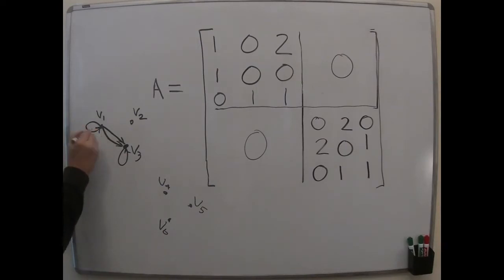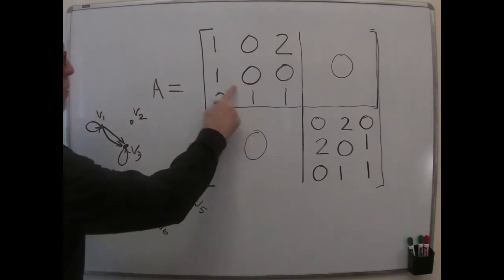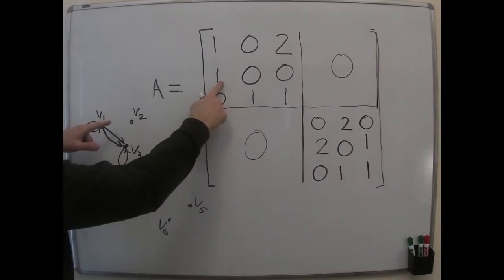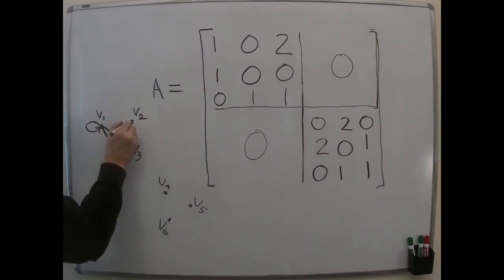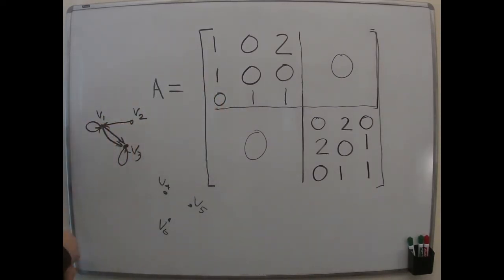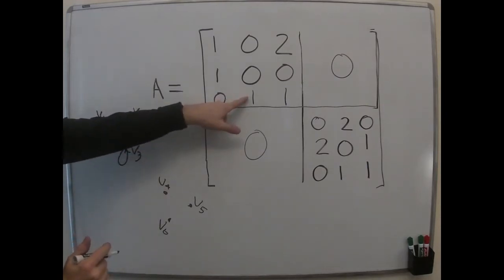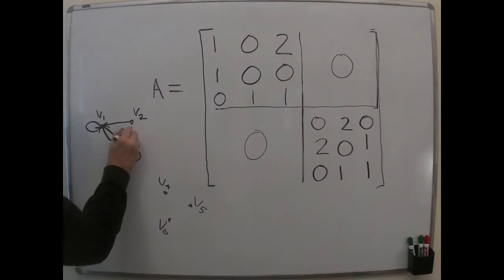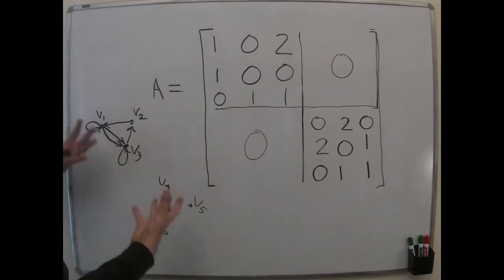I guess my loops have to be directed too, although honestly for a loop it doesn't matter whether it's directed. And what else do we have? This one here is in the 2 to 1, sorry, yes, 2 to 1. There's a directed arrow from 2 to 1, and finally there's an arrow from 3 to 2. So I guess we're in a directed graph.